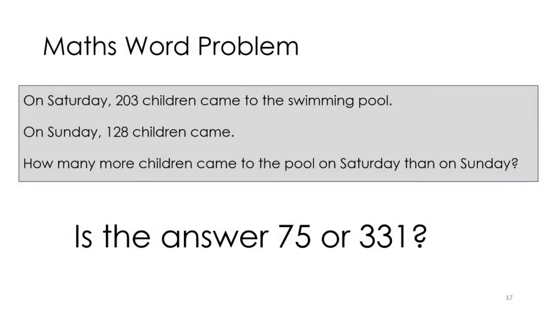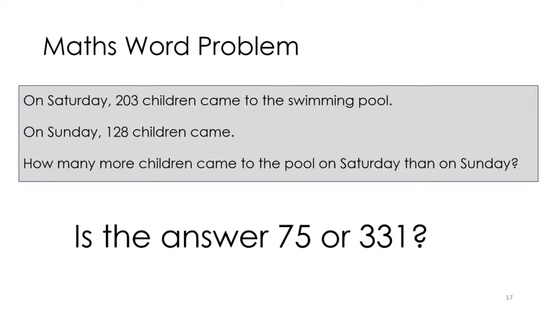This is from a study that was done in America involving Spanish-speaking students. So let me read it out. Okay, don't take out your calculators. On Saturday, 203 children came to the swimming pool. On Sunday, 123 children came.